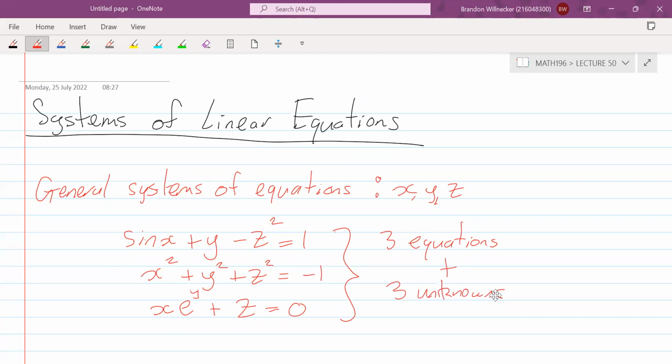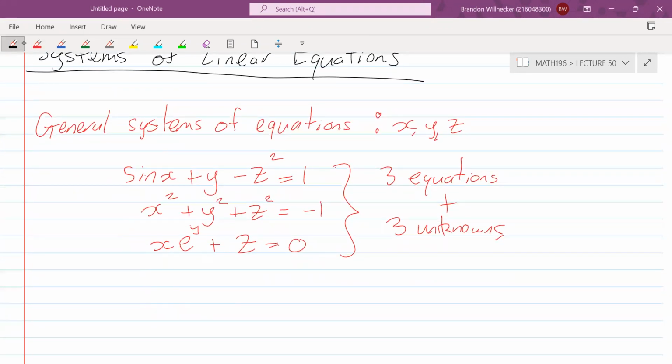Okay, so you know from grade 10, 11, and 12 that the way that you solve these is with simultaneous equations. For example, in grade 12, you had two equations with x and y. You would take equation 1, substitute it into equation 2, maybe solve for x, then substitute x and then solve for y.